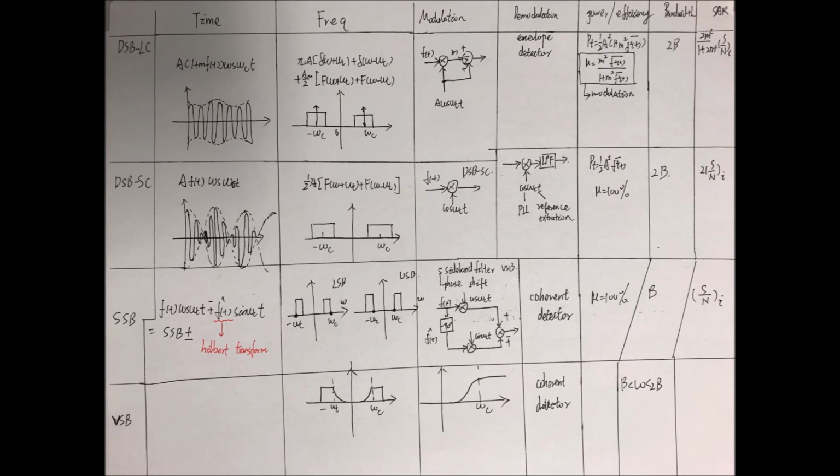So my performance will be better compared with large carrier. So this is what we gain, right? We gain better efficiency. This is what we pay, right? A more complicated receiver side, the demodulating part of the system.